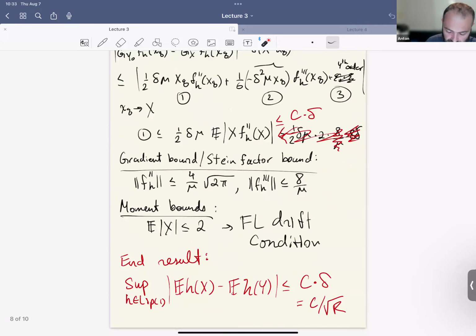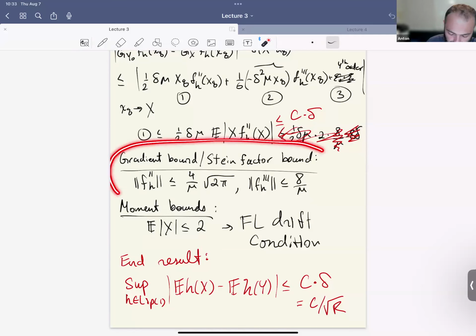And I gave these things names. So we're going to have to bound the derivatives of the Poisson equation solution. And these are called gradient bounds or also Stein factor bounds. And we need to bound the moments. Now, at the end of the last lecture, I showed you how to bound the moments using a Foster-Lyapunov drift condition.